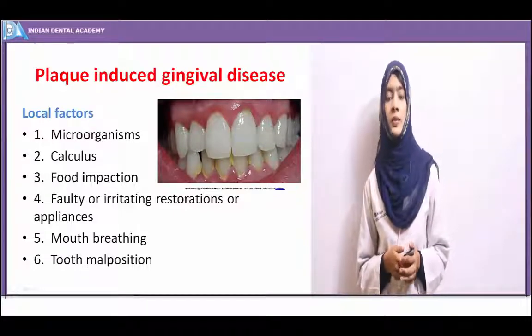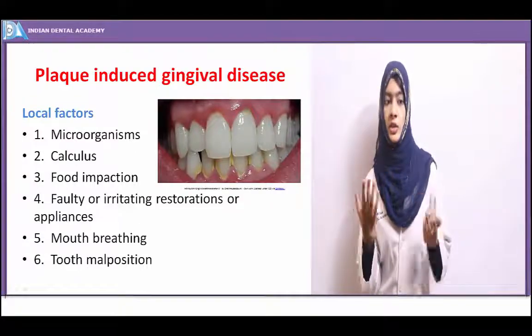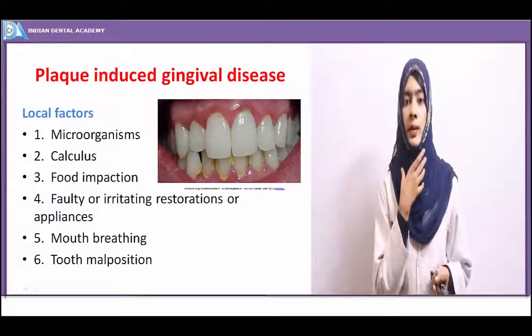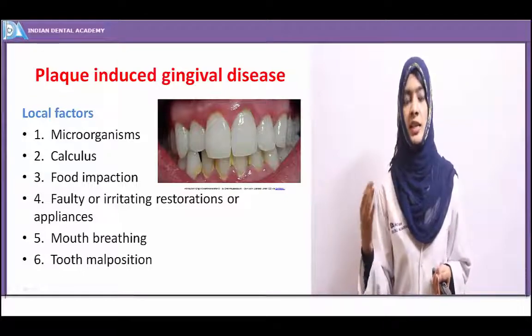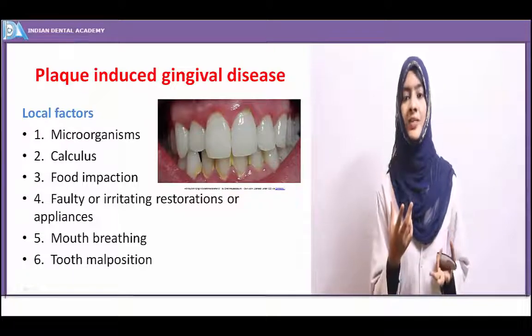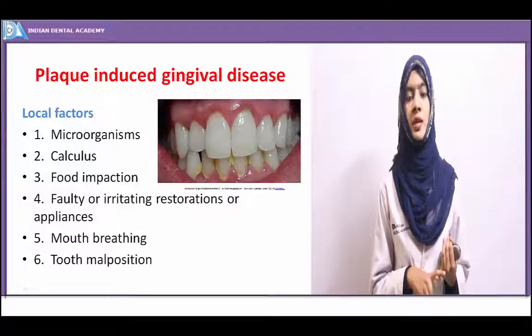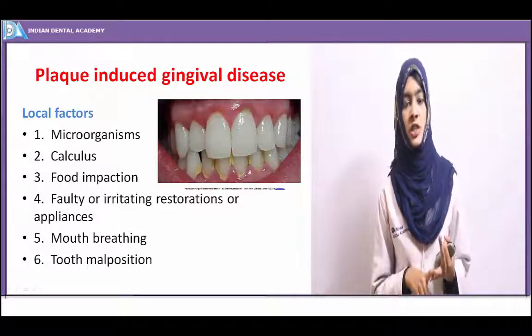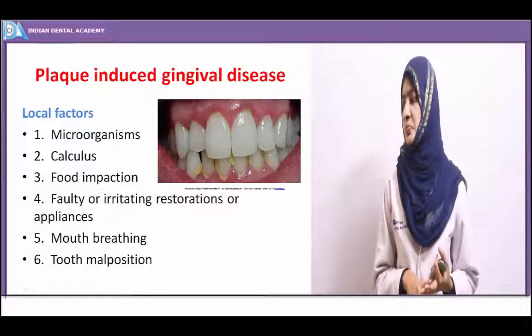Whenever the individual is breathing through his mouth, in case of a deviated nasal septum or presence of lymphoid hyperplasia, mostly seen in young adults, they breathe through their mouth, leading to exposure and dryness of the oral cavity. Ultimately, inflammation begins, and microorganisms catch on this opportunity to start the inflammation.